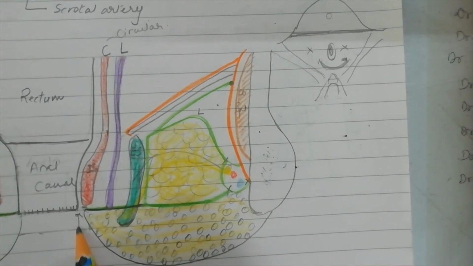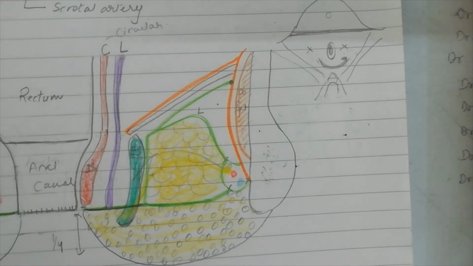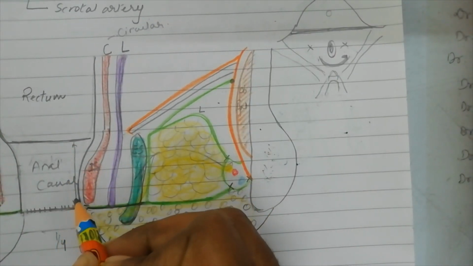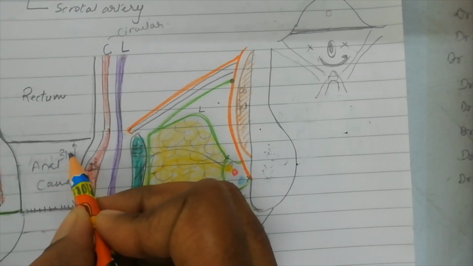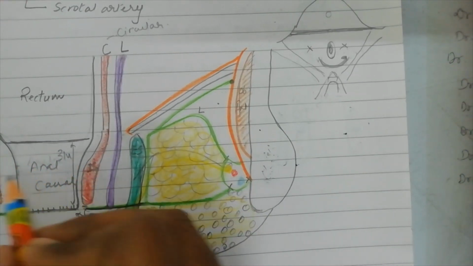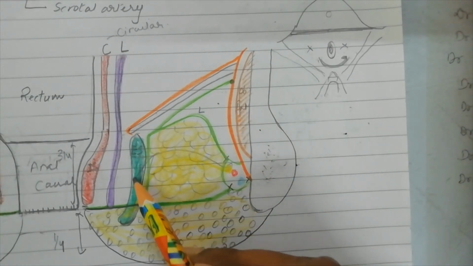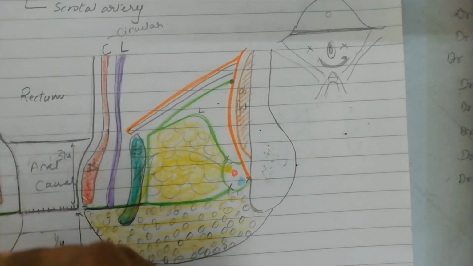The lower 1/4 portion of the anal canal is subcutaneous. So the upper 3/4 is surrounded by the internal sphincter, and the external sphincter surrounds the whole of the anal canal.